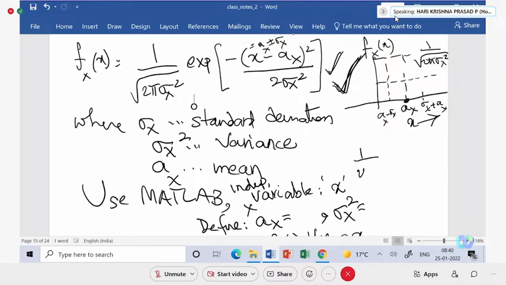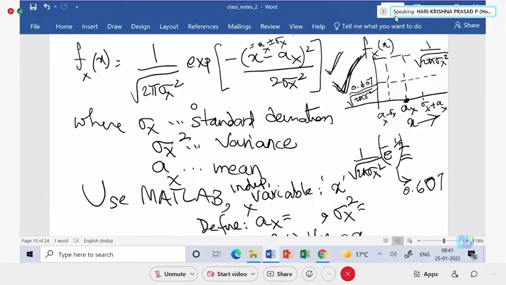So the expression I get is 1 by square root of 2 pi sigma_x square, e power minus half. Just see what the value of e power minus half is. It comes out to be 0.607, if I am right. So the value of the density function at x equal to a_x plus or minus sigma_x is 0.607 times 1 by square root of 2 pi sigma square.